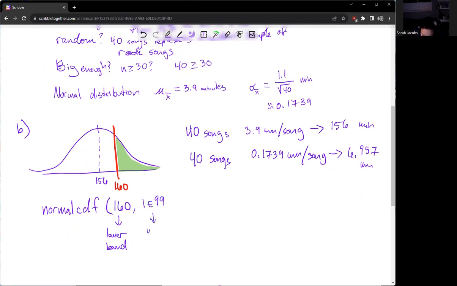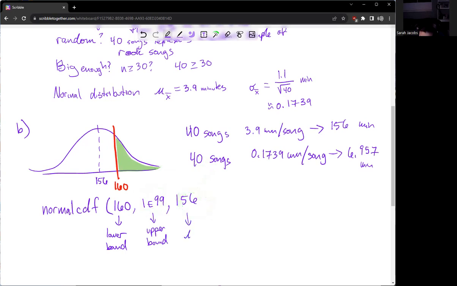We just want it to be so ridiculously large that as we go this way, we're getting essentially all of those teeny tiny little fractions, probabilities. Realistically, we could probably make this 10,000 and it would capture most of what we want, but putting it so high basically ensures we're capturing everything.